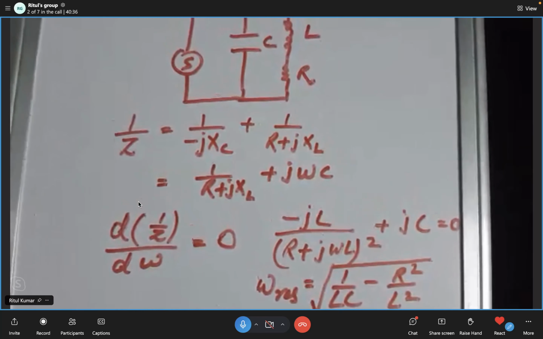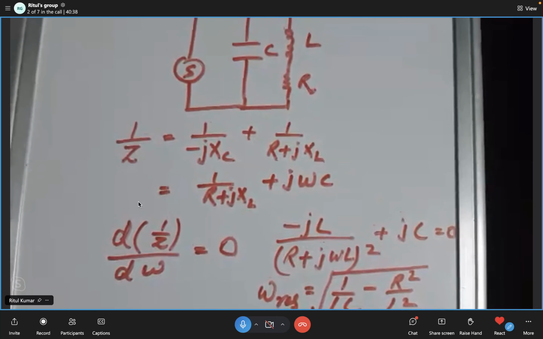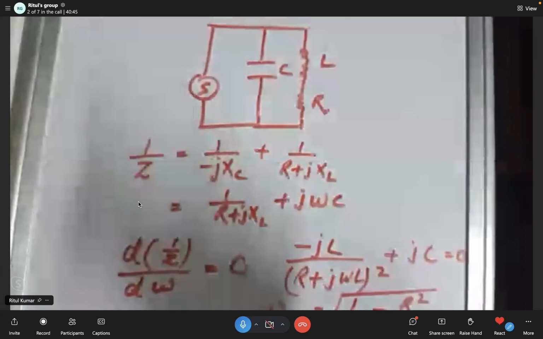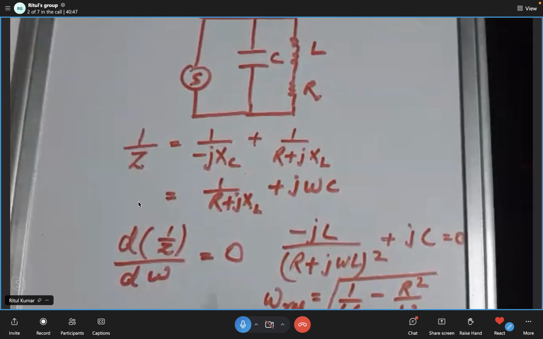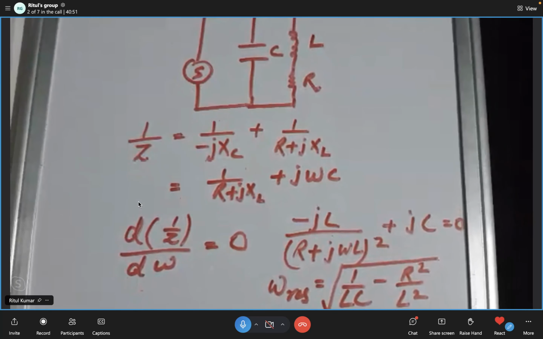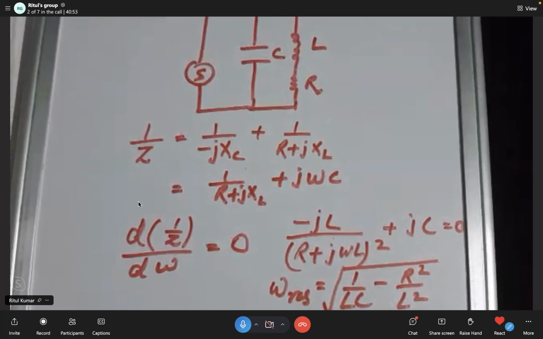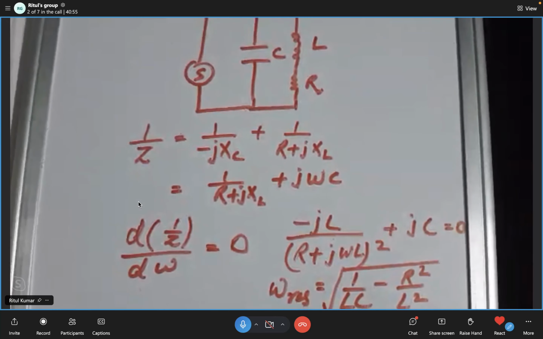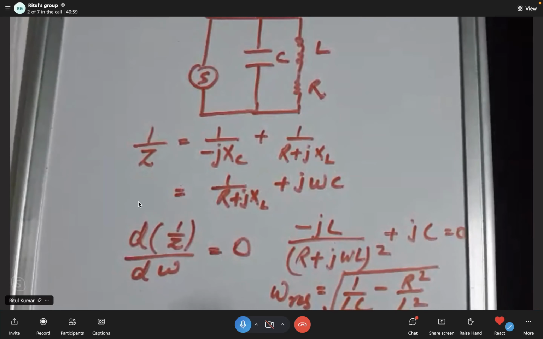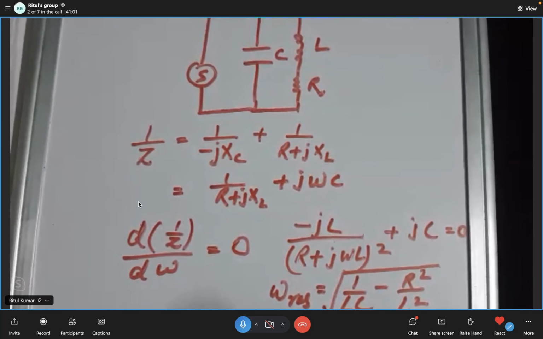Very important. For this arrangement, omega resonance is this. This keeps frequenting, it has a knack of appearing and reappearing. Okay, so this is the first task.